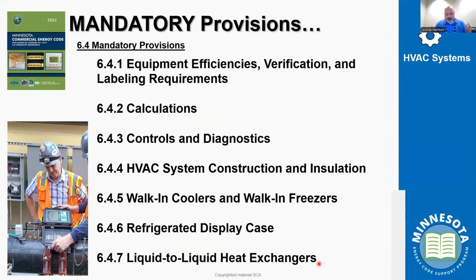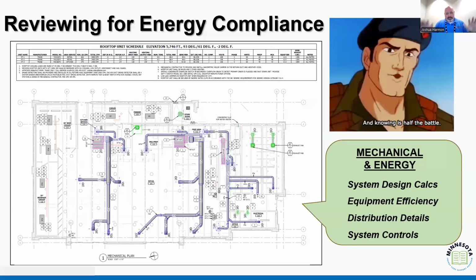We're smart enough to figure out that there are certain things we're going to find every time, and we know what those things are: equipment, distribution, and control, right? And knowing is half the battle. At least that's what G.I. Joe said, right? So we're looking for that equipment design, that equipment efficiency, that control, and that distribution.